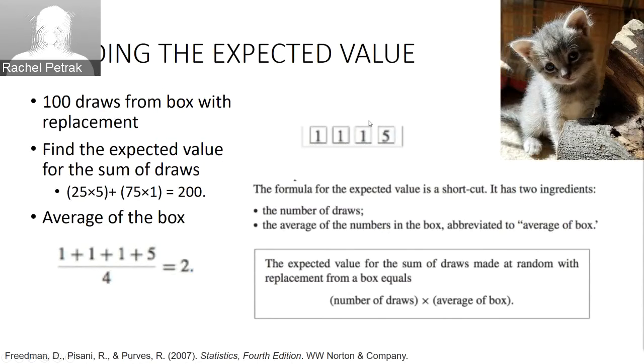We would expect these to show up in the same proportions that they are in the box: 3/4 of the numbers are 1s and 1/4 are 5s. That's how I got 25 times 5 and 75 times 1.